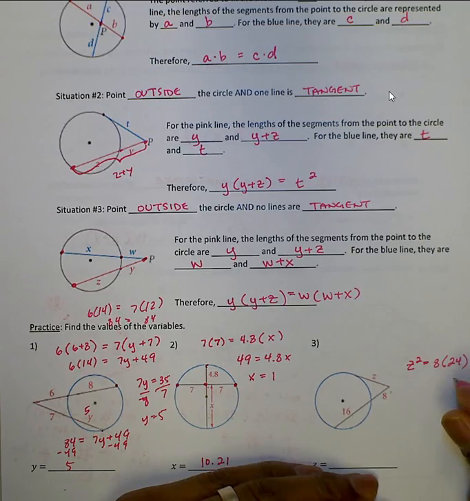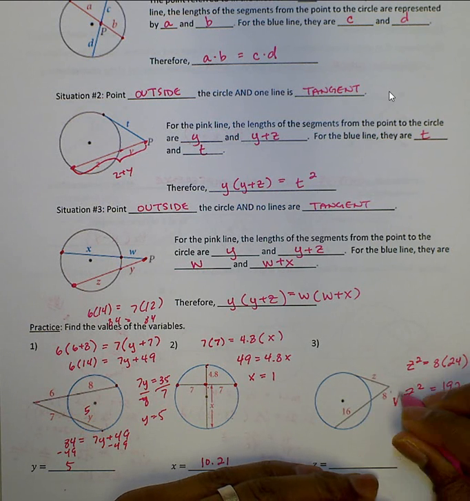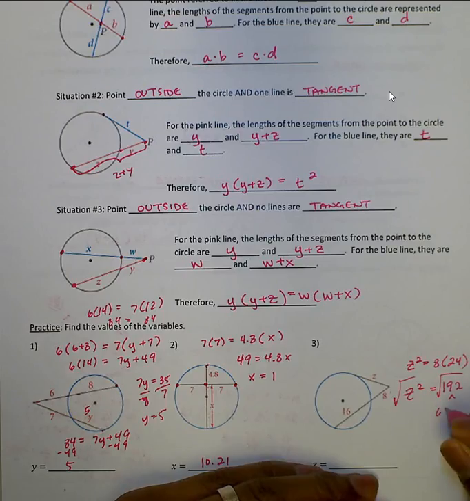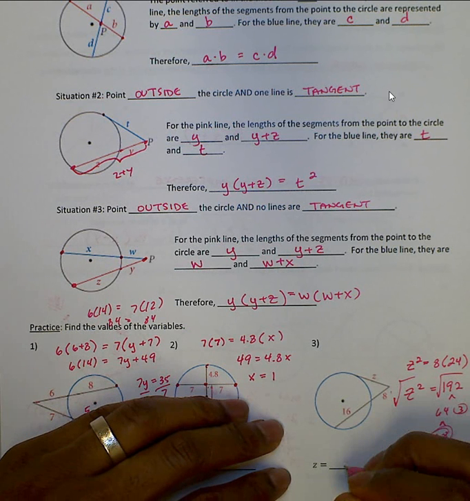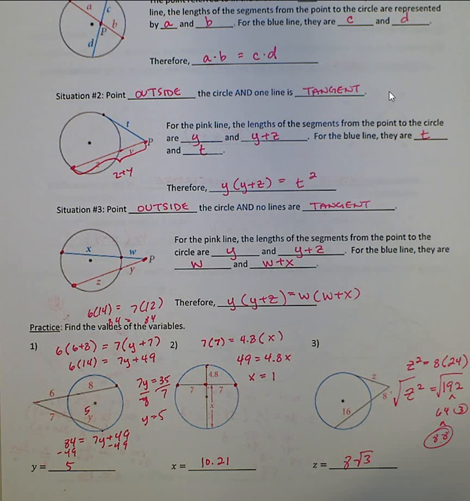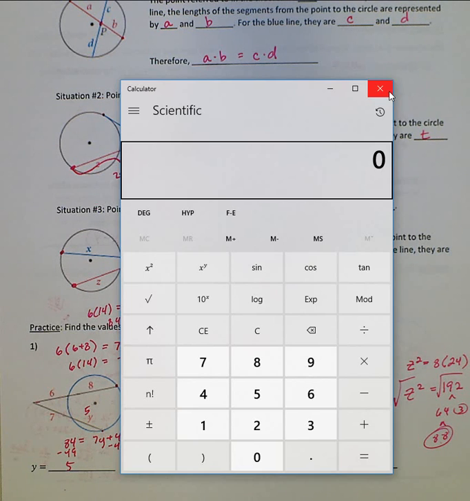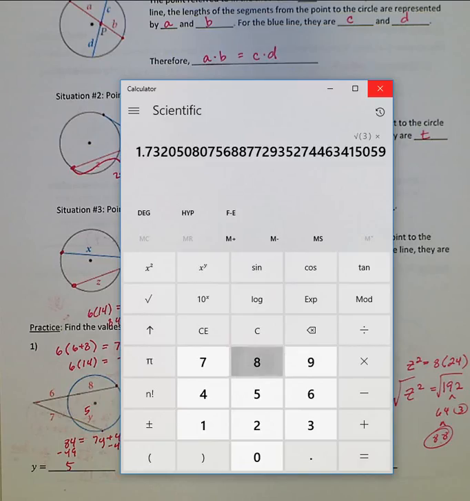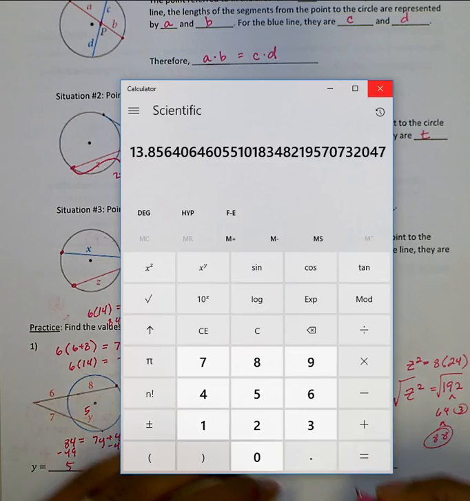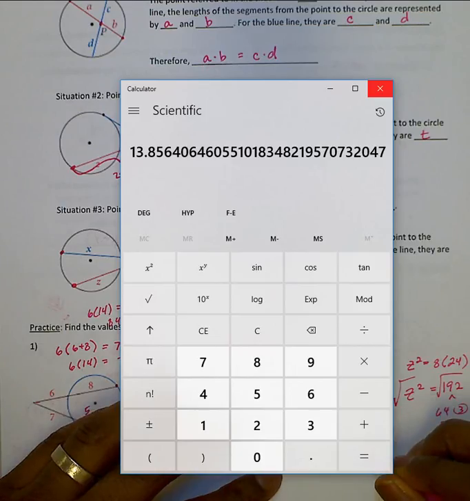So that gives us 192. z squared, we have to take the square root of 192, which is 64 times 3. 8 times 8, 8 radical 3. And so we find out that z is 8 radical 3. We could leave it that way. If they asked us to, we could put it as a decimal as well, 13.86.